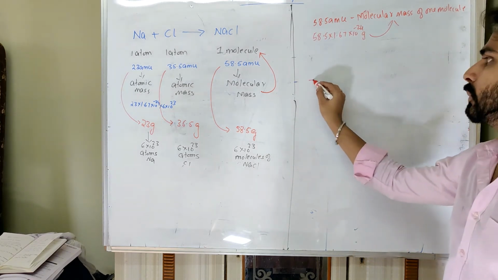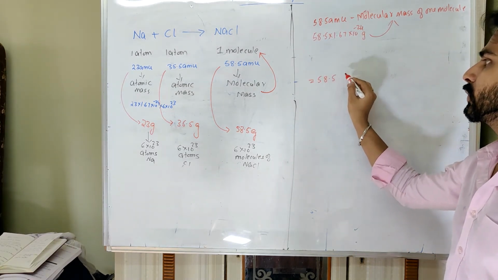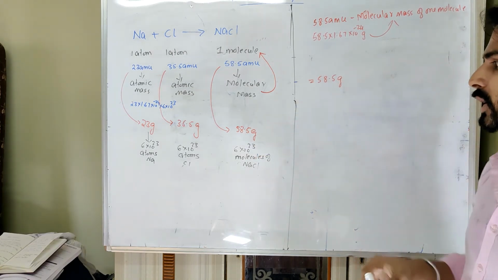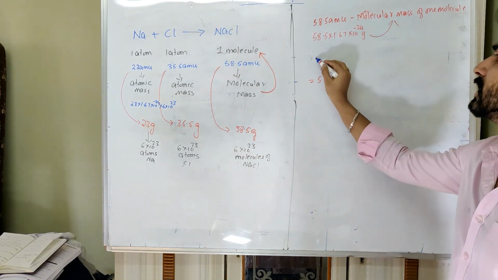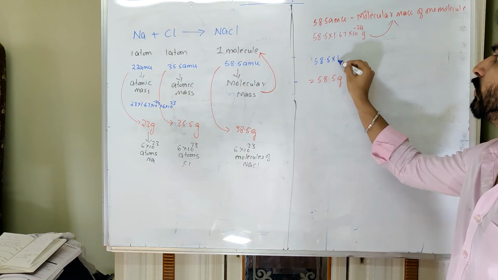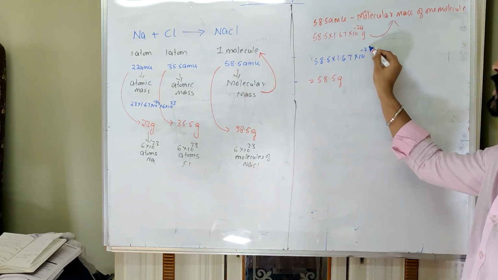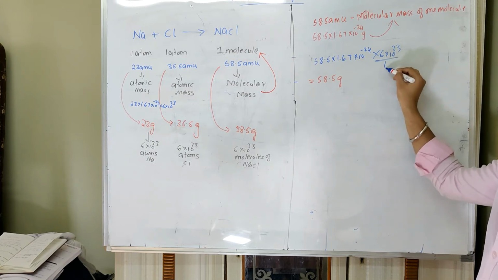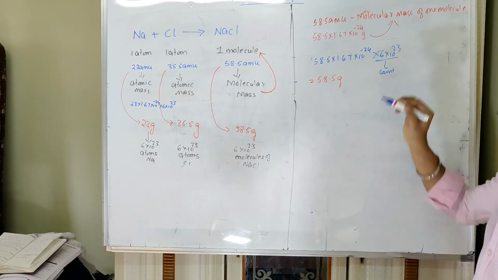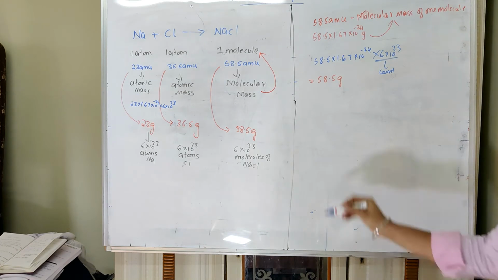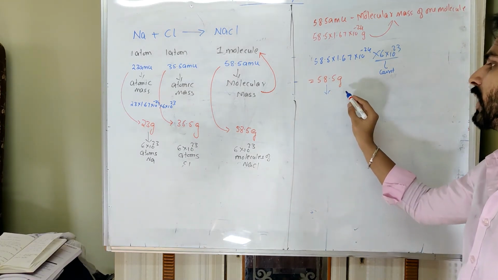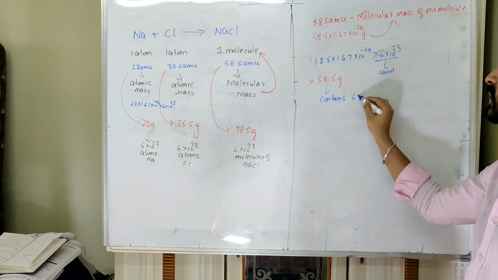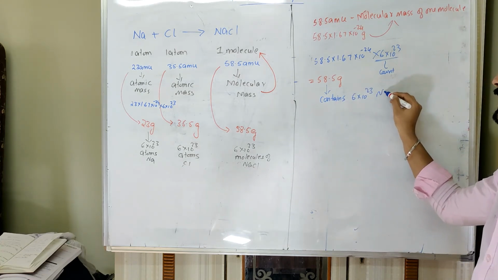But the moment I started saying 58.5 gram, what has changed is that 58.5 into 1.67 into 10 raised to minus 24 is now multiplied with 6 into 10 raised to 23, and this is the count. Here we have increased the count to 6 into 10 raised to 23. That means 58.5 gram contains 6 into 10 raised to 23 NaCl molecules.